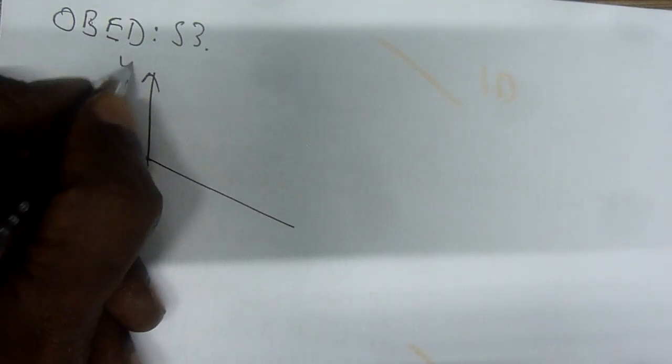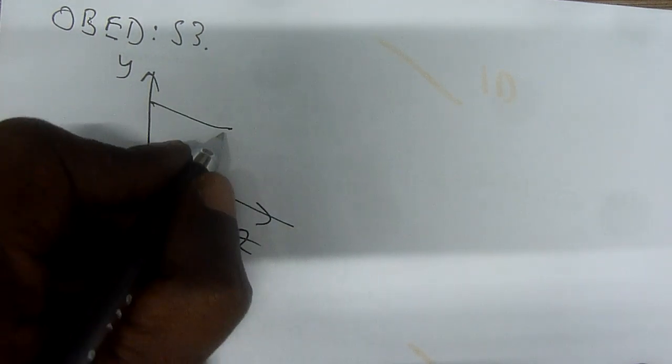The first question. First we sketch the x, y, z axes. Straight lines, very important. What is the size of OBED? You see 3 here, and this is 8.